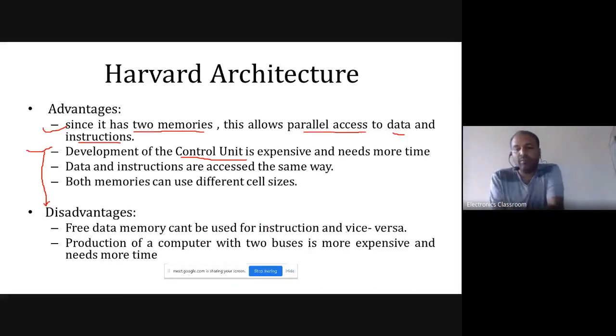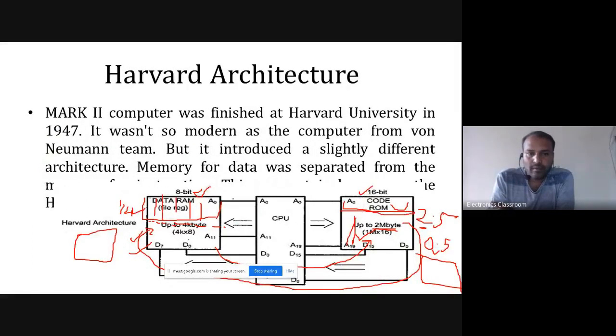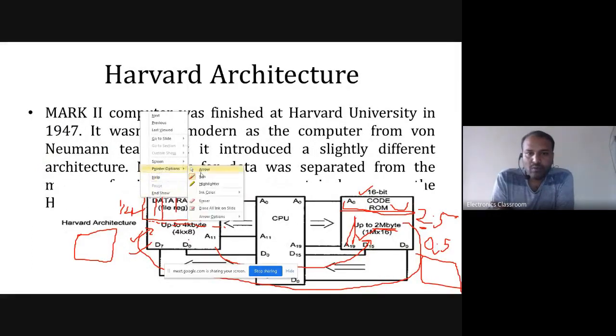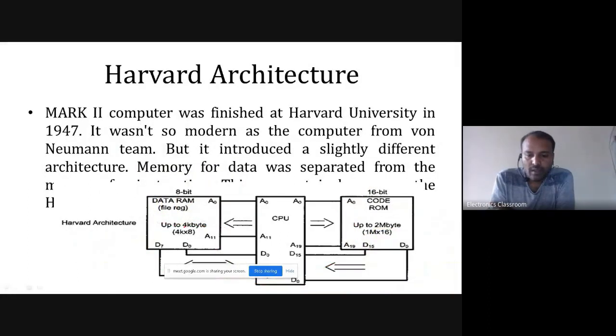So, what do you mean by free data memory? Suppose, since I have different memories for my operation, for example, I have code of 2 or 3 lines. For example, the code I have written is for reading continuous temperature from a temperature sensor.